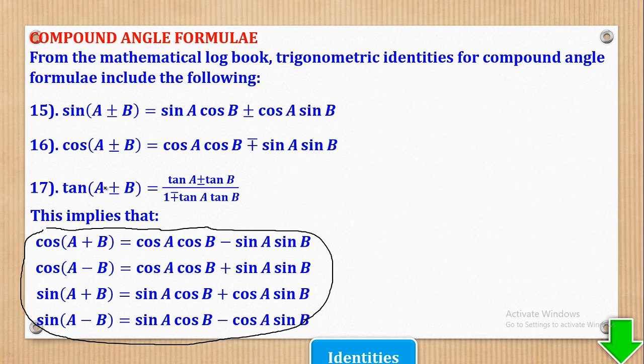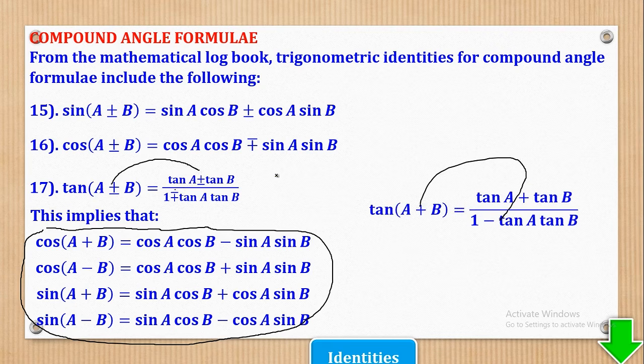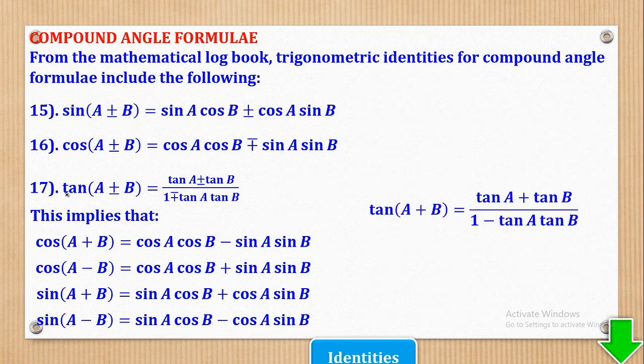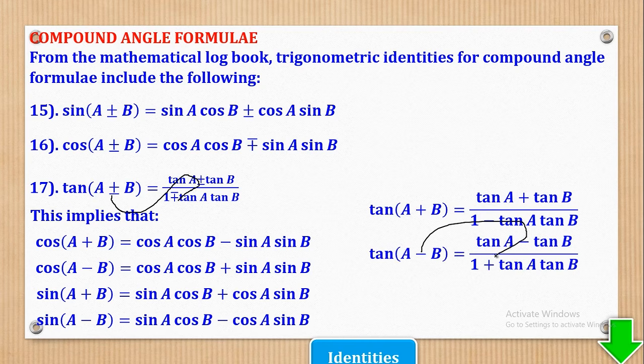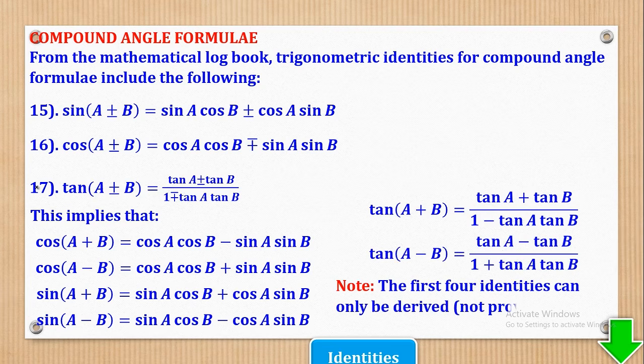Then for this term, if this is plus and this is plus and this is minus, we shall come here and write this is plus, and this is minus. Then for the lower part, this is minus, this is plus, minus, and this is plus. So we shall come and write minus, minus, plus. Like we said, there are some identities which can only be derived and those which can be proved.